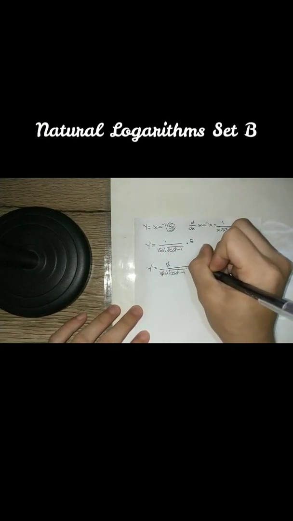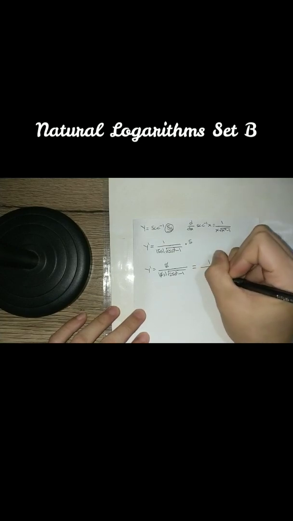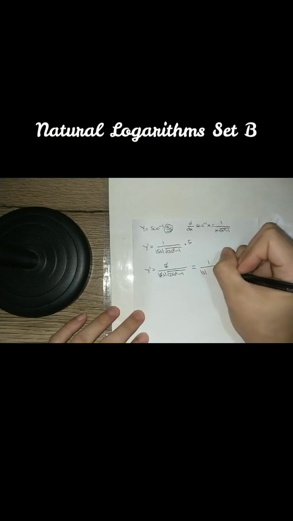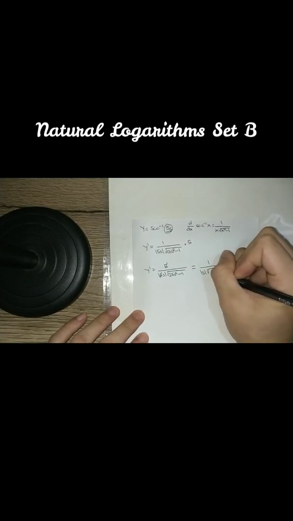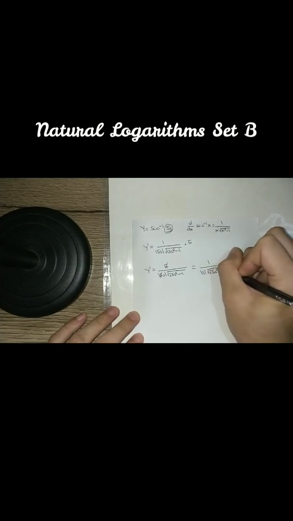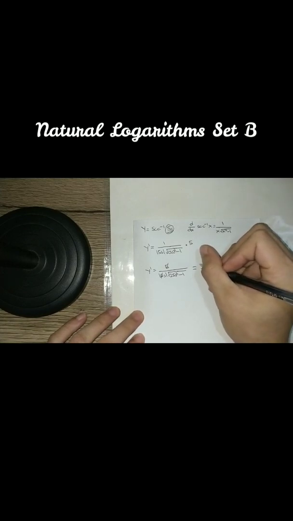So the final answer would be 1 divided by the absolute value of s times the square root of 25s squared minus 1. And this will be the final answer.